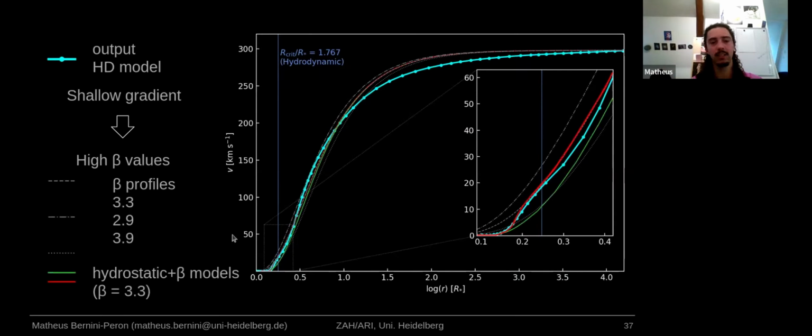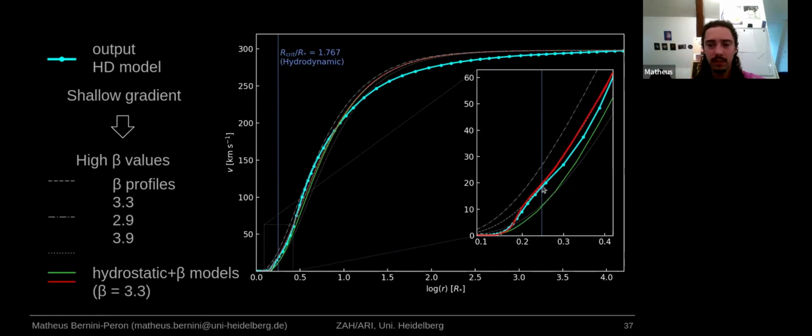And then, having determined this best value, 3.3, in comparison to the hydrodynamically consistent models, I created a normal traditional model, not hydrodynamically consistent, with a velocity profile with beta 3.3, which are the green and the red curves. Here you see that they match quite well, at least the red curve.